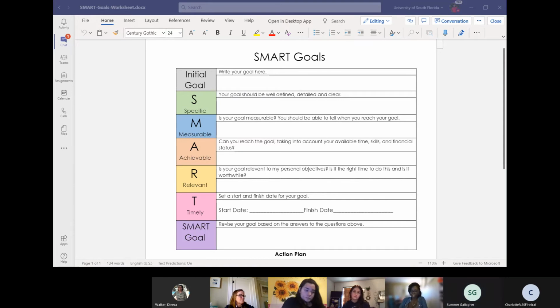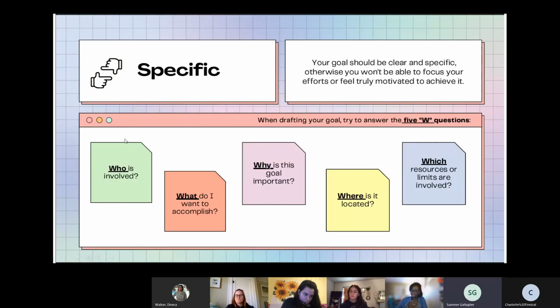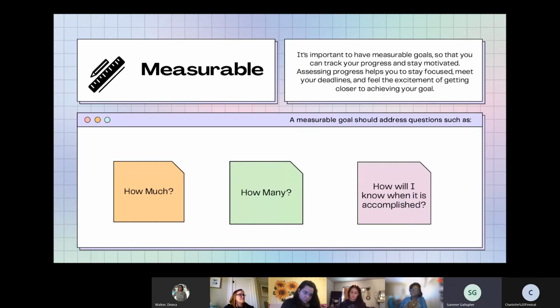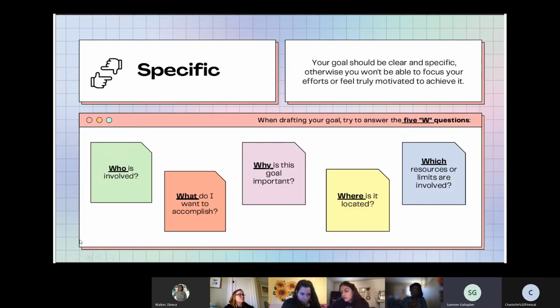How are you going to measure this goal? I think after every class, I'm going to make sure that I write down what to do. Okay. So specific, Summer wants to stay on top of her things and organized.